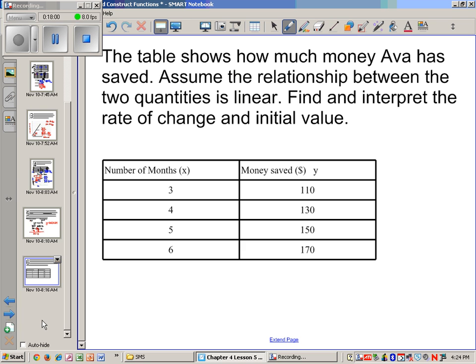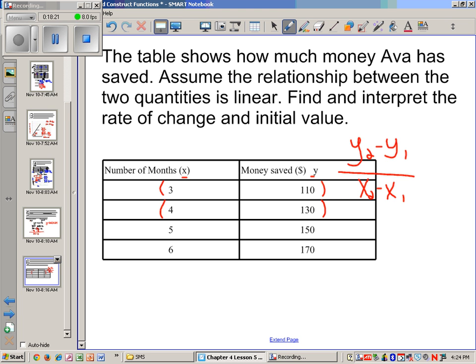Once again, we're in a table. We have our X and Y's. So basically, here's our ordered pairs. So our first step is yes, our slope formula, y2 minus y1 over x2 minus x1. We're going to do these first to find our rate of change.